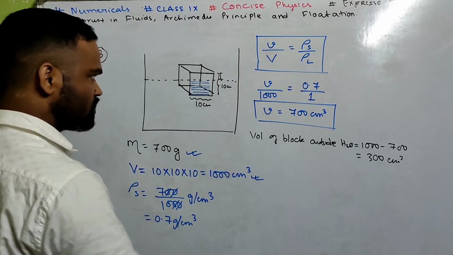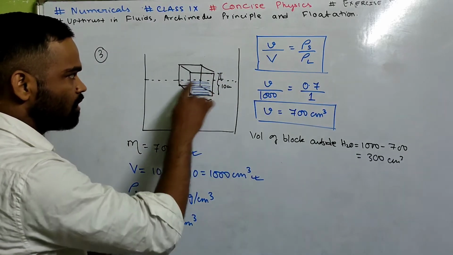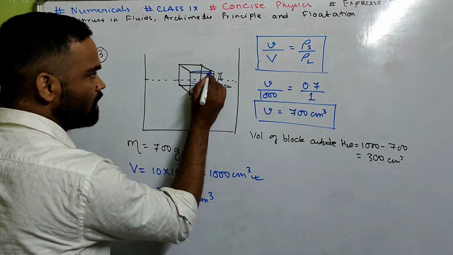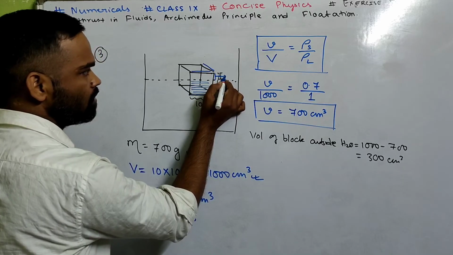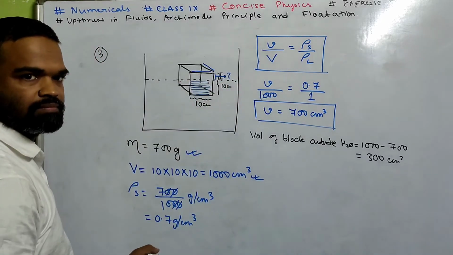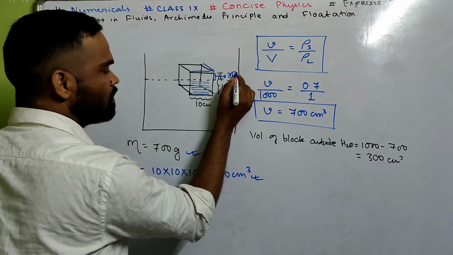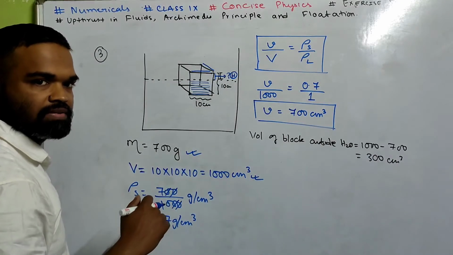Now look over here. The portion which is outside water looks like a cuboid whose length is 10, breadth is 10, but the height we don't know. Yes or no? Suppose h is the height outside the water surface.